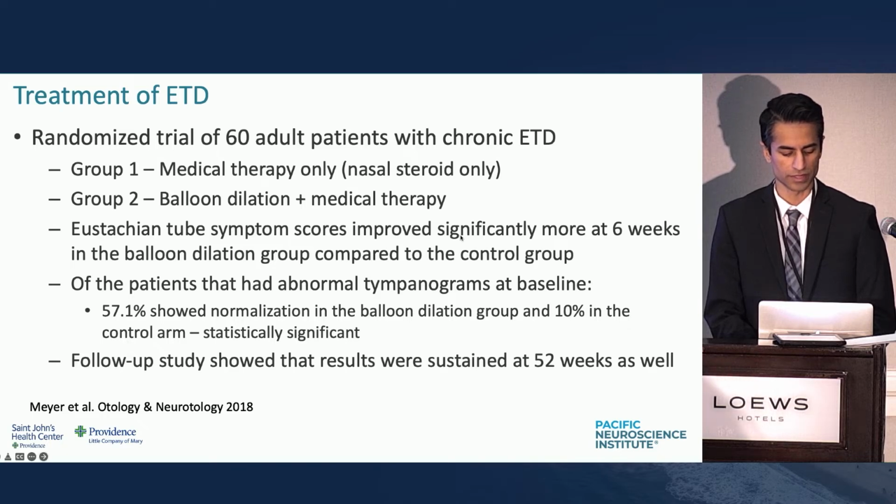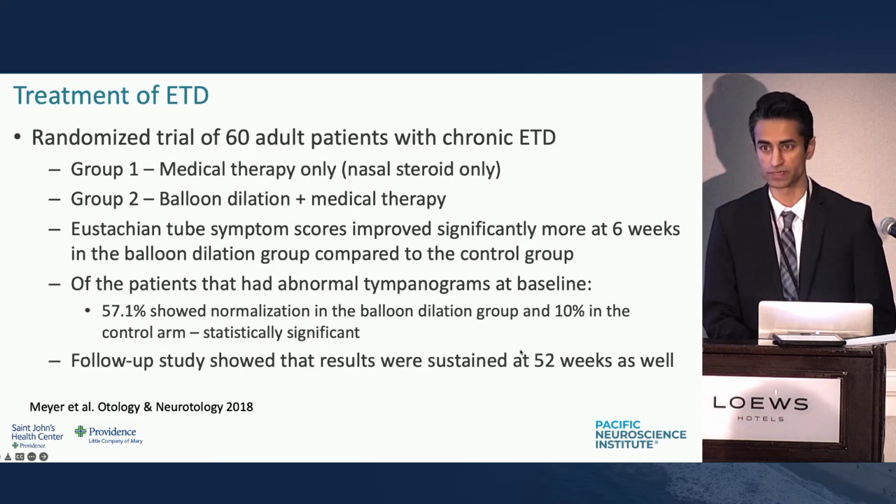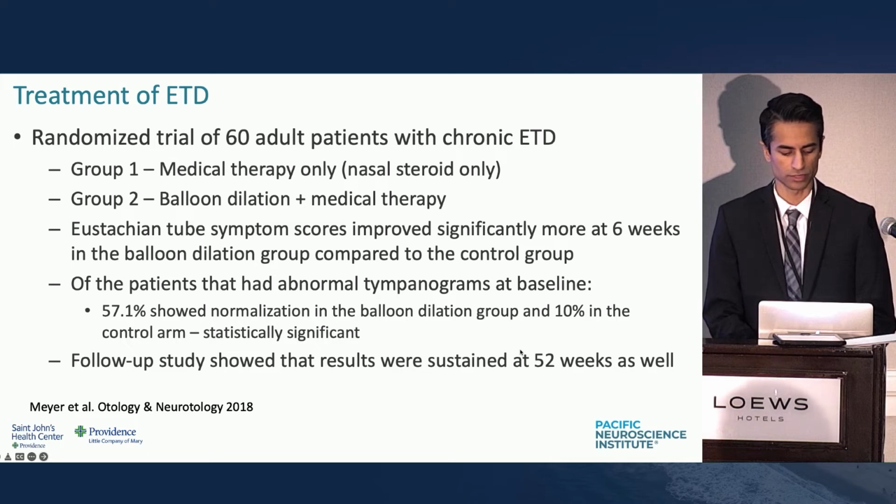In addition, of the patients that had abnormal tympanograms at baseline, whether type B or type C, 57% showed normalization in the balloon dilation group and only 10% in the control arm, which was statistically significant. A follow-up study showed that results were sustained at 52 weeks as well. So the results are overall good.